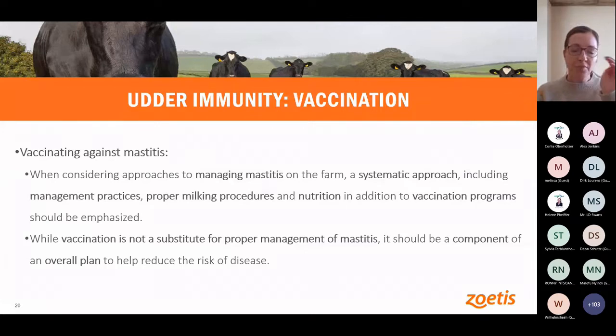So very important when you're considering managing mastitis is that vaccination against mastitis is one of the tools that you can use, right? However, it does not replace your management practices, proper milking procedures, good nutrition, etc. It's a tool that will add to all of those management practices and not a substitution.